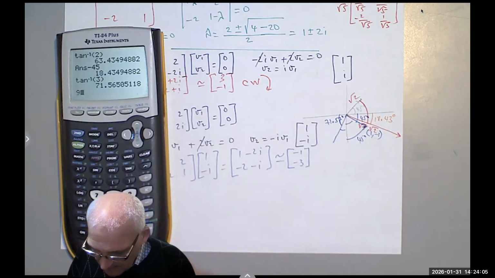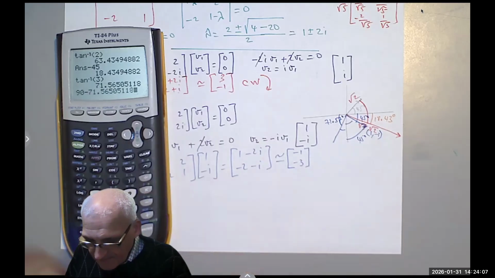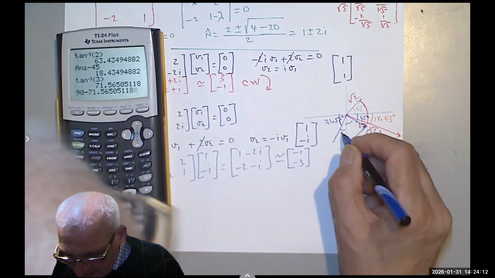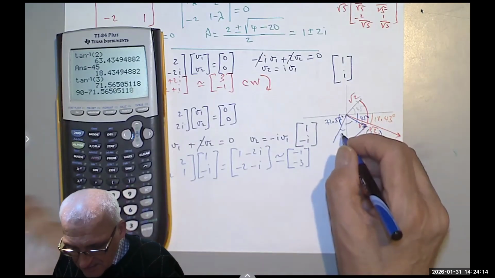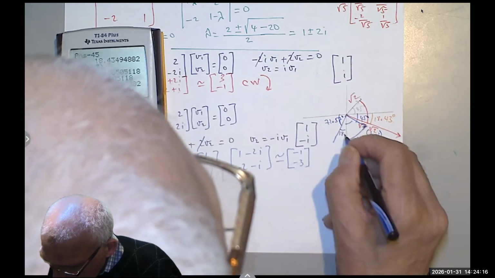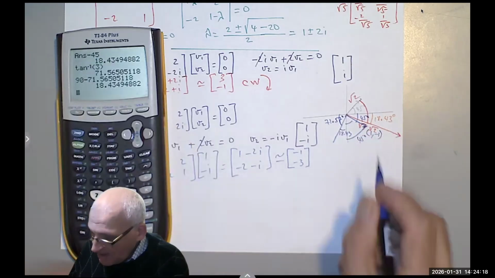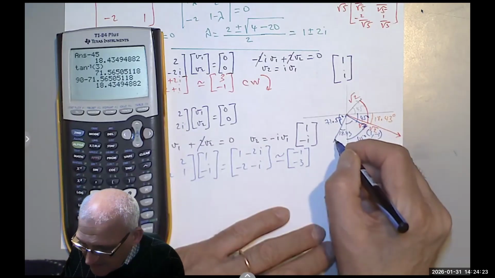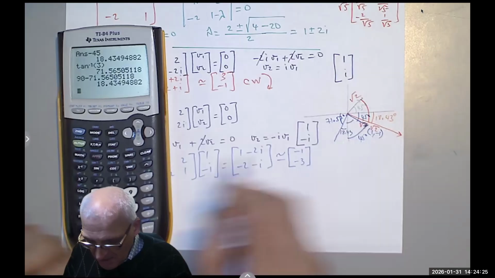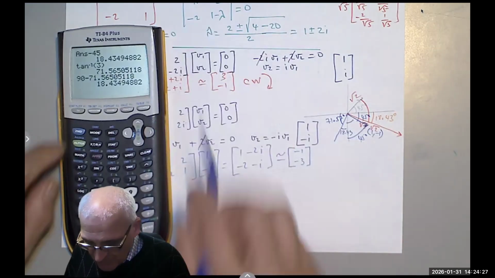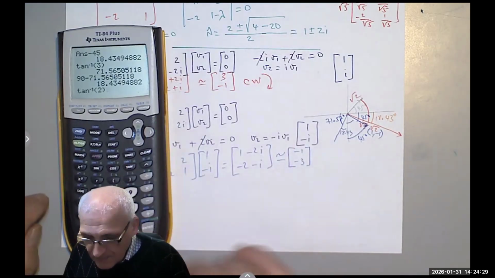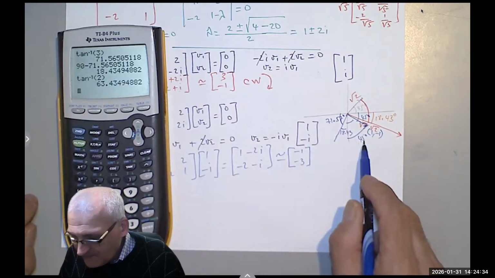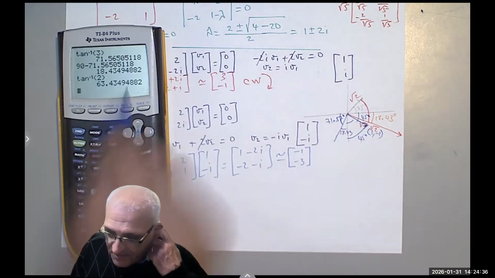So 90 minus that, it means this angle is 18.43, the same as that one. So I rotated 45 and another 18.43, which again would be the arctan of 2. Arctan of 2 was 63. The sum of 18 and 45 is 63.43.